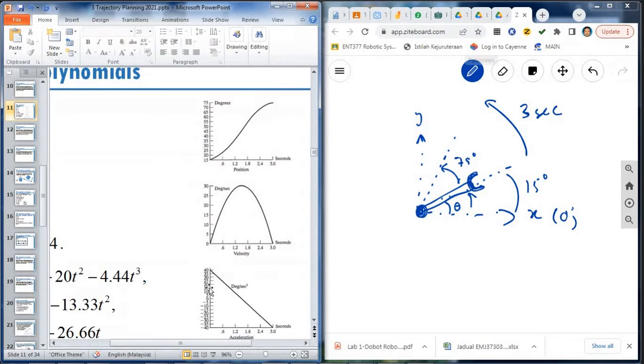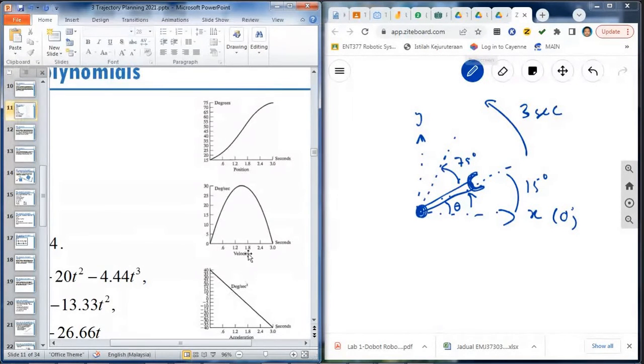From the start, your acceleration is high, and then you reduce your acceleration toward the final position.